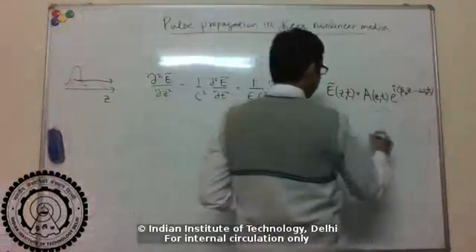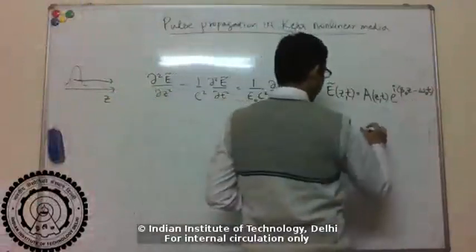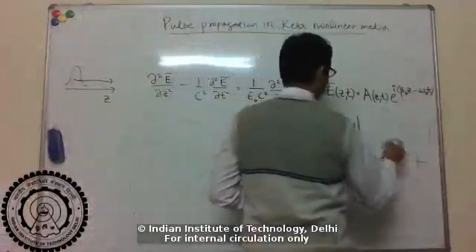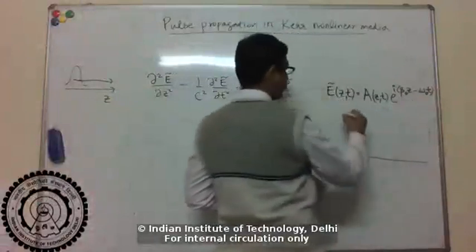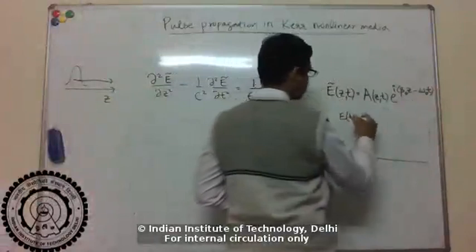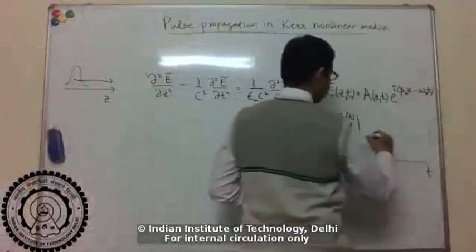So if I look at the electric field profile, at some particular z, if I plot E of t versus t, it looks something like this.